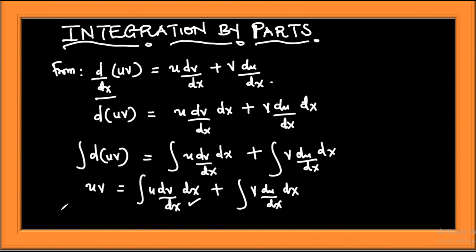So we shall now say it means in conclusion that integral of u dv dx, with respect to x, is equal to uv minus integral of v du dx with respect to x.